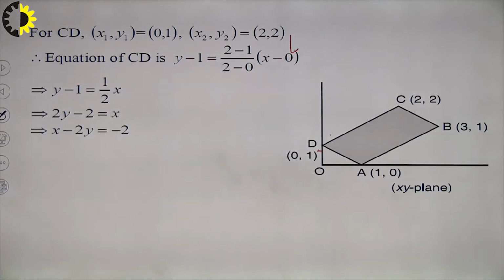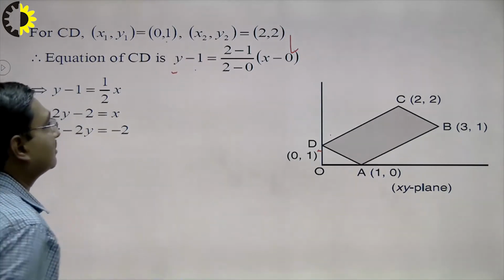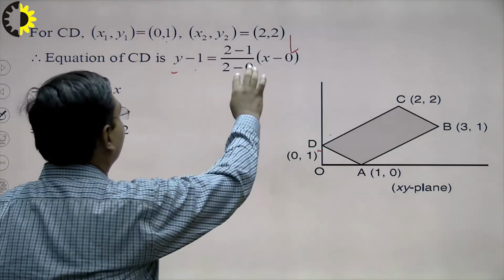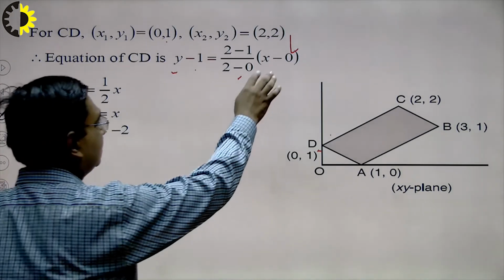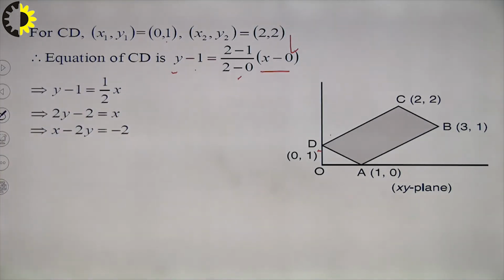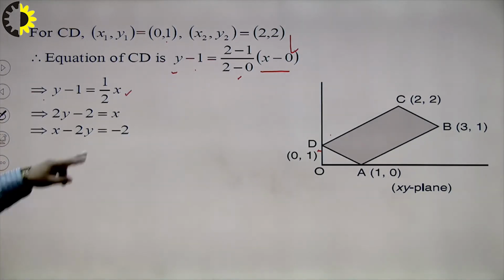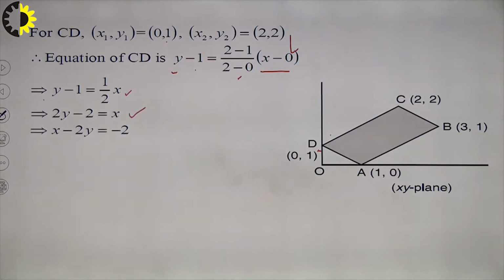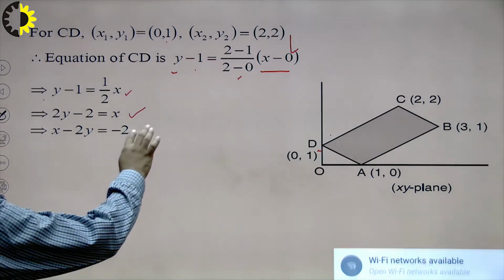Using the same formula, the equation becomes y minus y1, that is y minus 1, is equal to y2 minus y1, that is 2 minus 1, upon x2 minus x1, that is 2 minus 0, bracket x minus 0. It gives y minus 1 equals 1 by 2 x, and from this, cross multiplying, I obtain 2y minus 2 equal to x, that is x minus 2y equals minus 2.